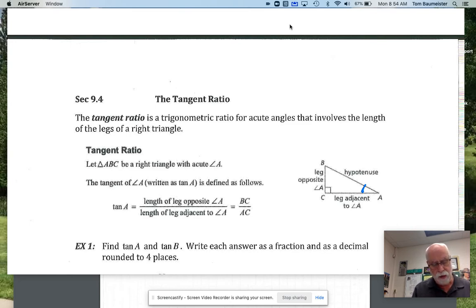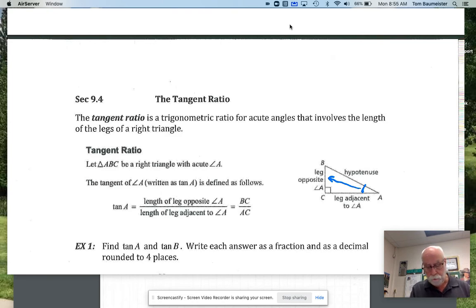The tangent of A is the length of the leg opposite angle A. So remember, you can always draw a line or an arrow from the angle to the opposite side. So that's BC, as you can see, is the length of the opposite side, and then the adjacent means next to. So the length of the leg adjacent to A, or BC over AC.